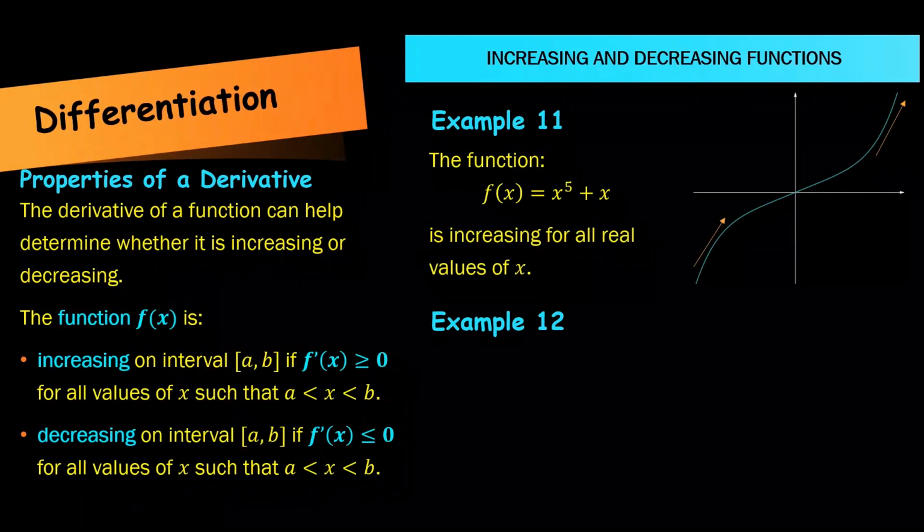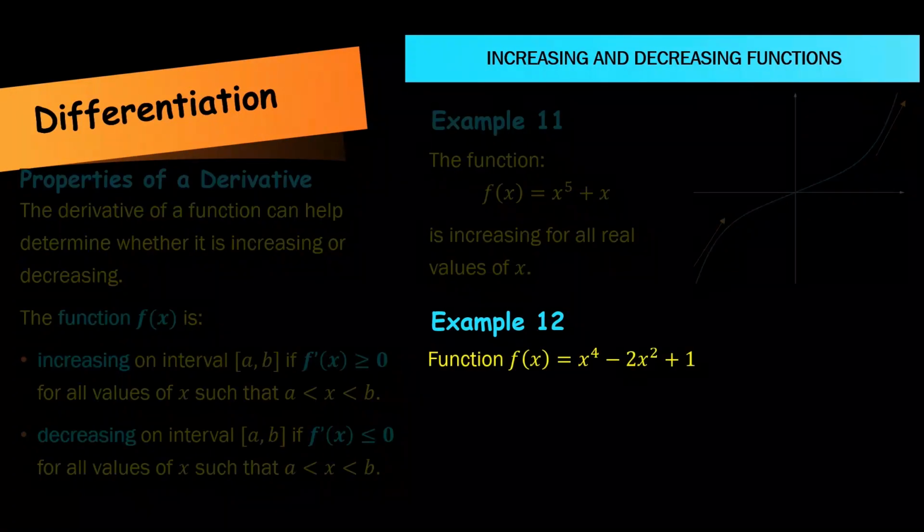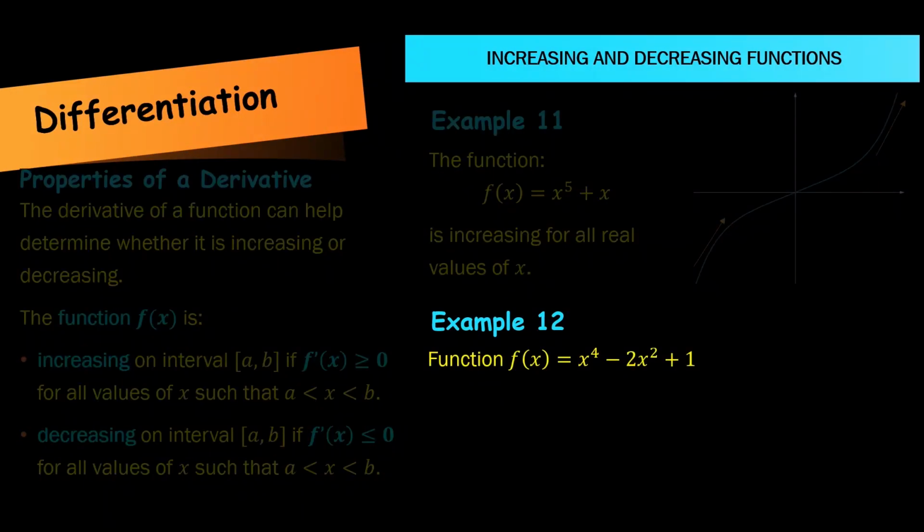In this example, we look at the function f(x) = x^4 - 2x^2 + 1. This looks something like the graph you can see on your screen here at the bottom. Notice that the function decreases to the point x = -1.